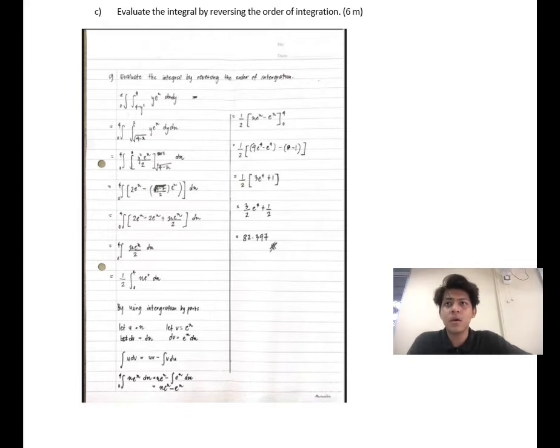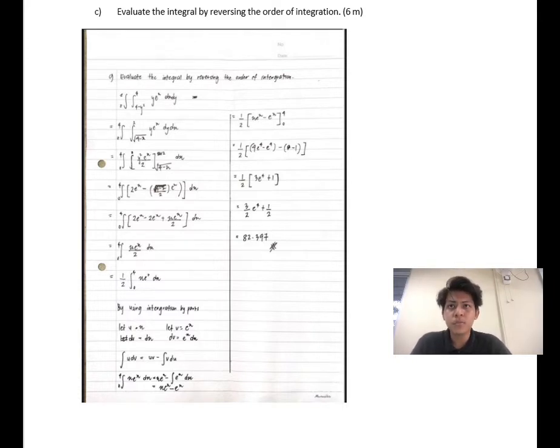So we just reverse the order of integration from before. What we got here from the previous question is from 0 to 4 and square root of 4 minus x to 2.